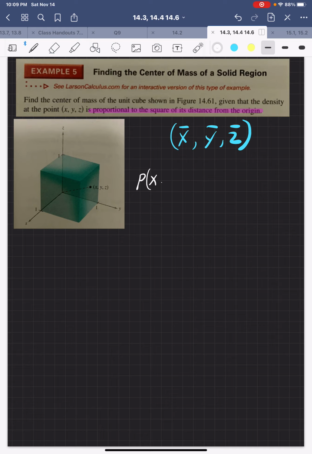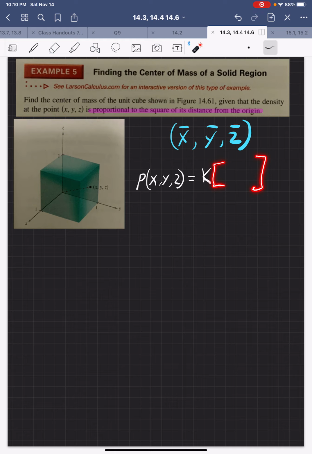We are going to have to use that information to form the density function. So right off the bat, as soon as you read proportional, you want to think some constant of proportionality k times something. We need to figure out what that something is.